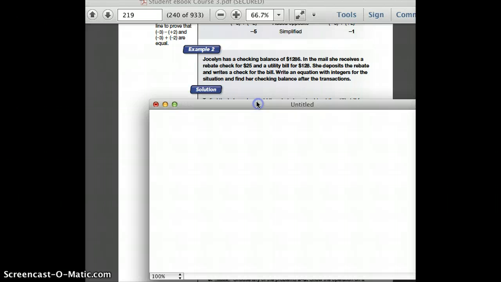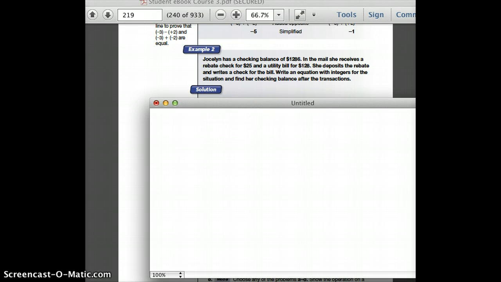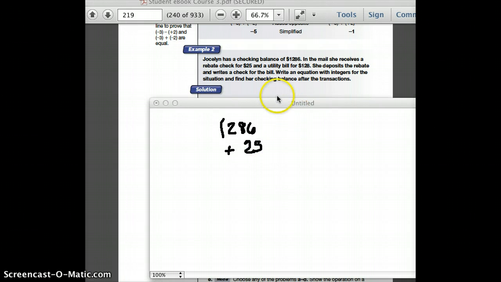She has a checking balance, so that's what we start at. She's starting at a positive $1,286. In the mail, she receives a check for $25. That's good. That means we're going to add $25 there.